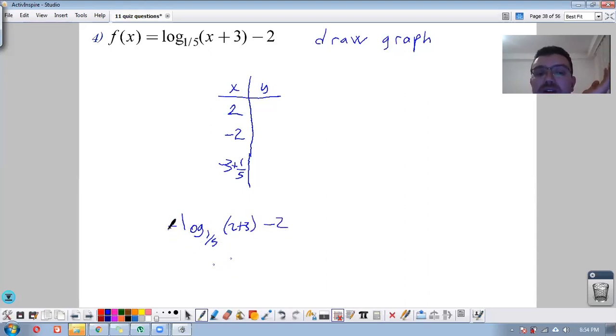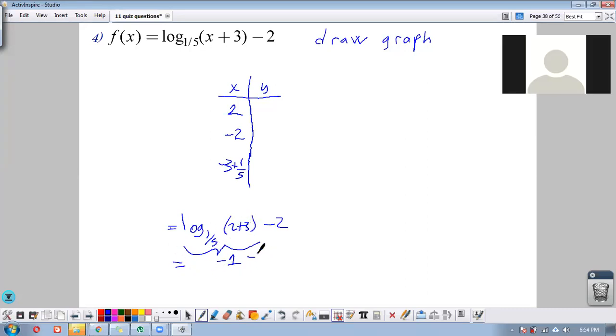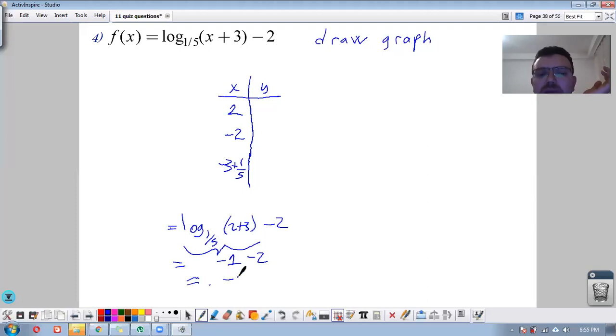We must find the result for this. 2 plus 3 is 5. And the result of the logarithm base 1 over 5: which power of 1 over 5 is 5? 1 over 5 to the power of minus 1 is 5. Then minus 2. And the final result makes minus 3.